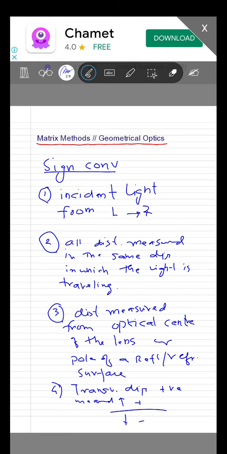Apart from these four sign conventions, certain assumptions are also made.